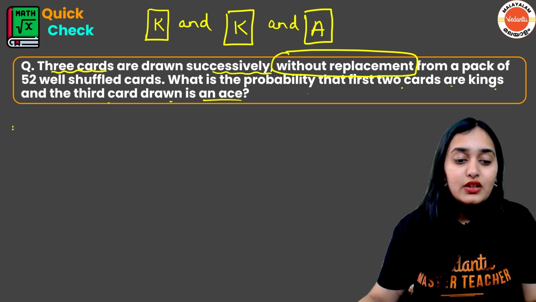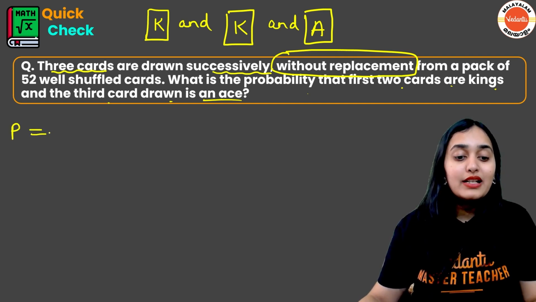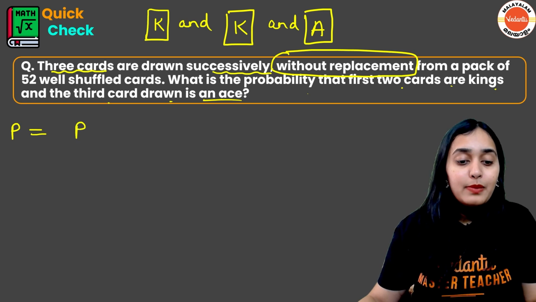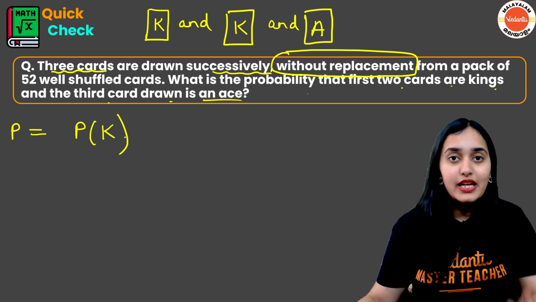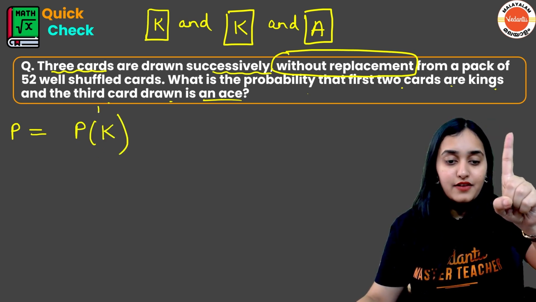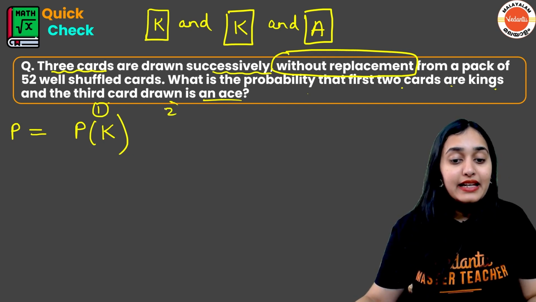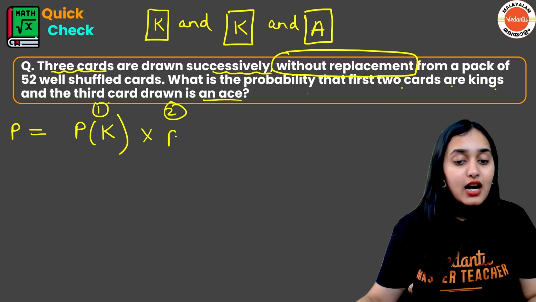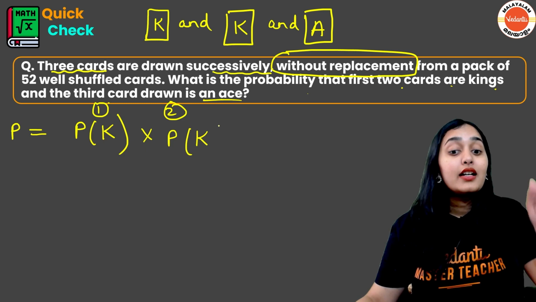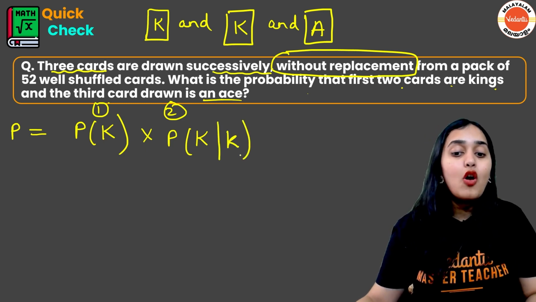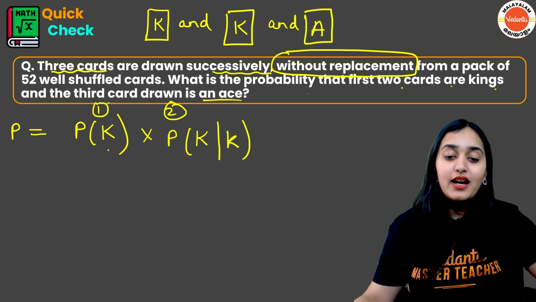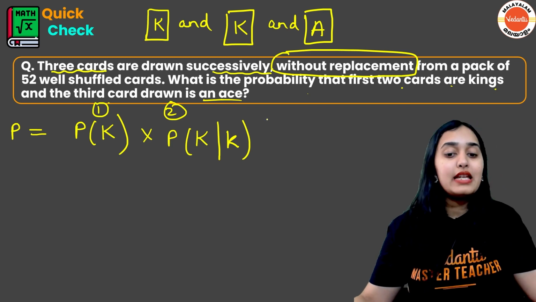Simple. The total probability will be the probability of getting a king in the first chance. In the second chance, you should get a king again, given that a king has already been taken out.